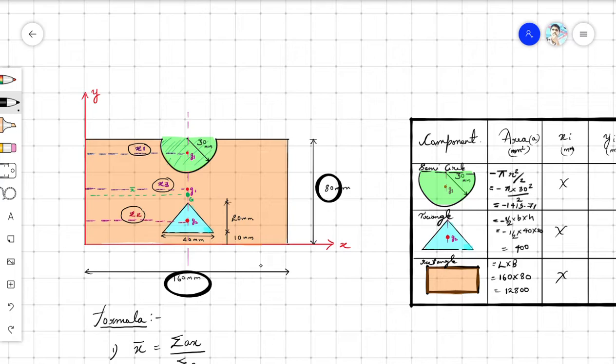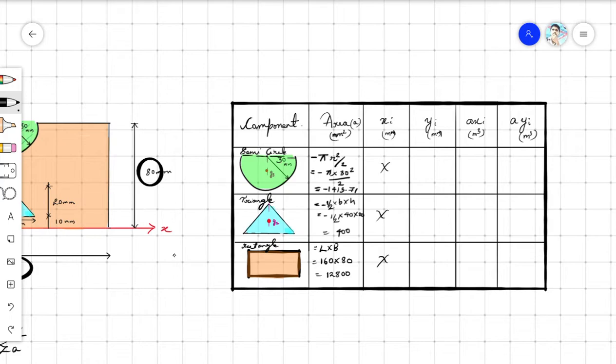What is the x1 value? The radius also lies at the center only, right? The value of x1 is again 160 by 2. So everything is 80 only. Directly you can write 80, 80, 80.